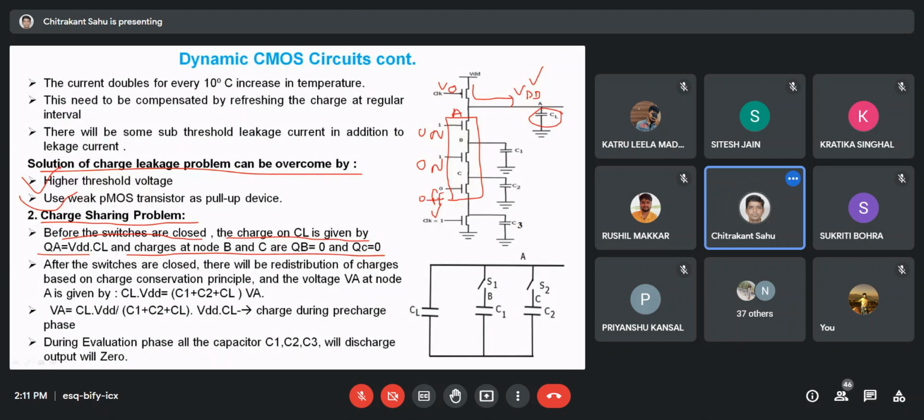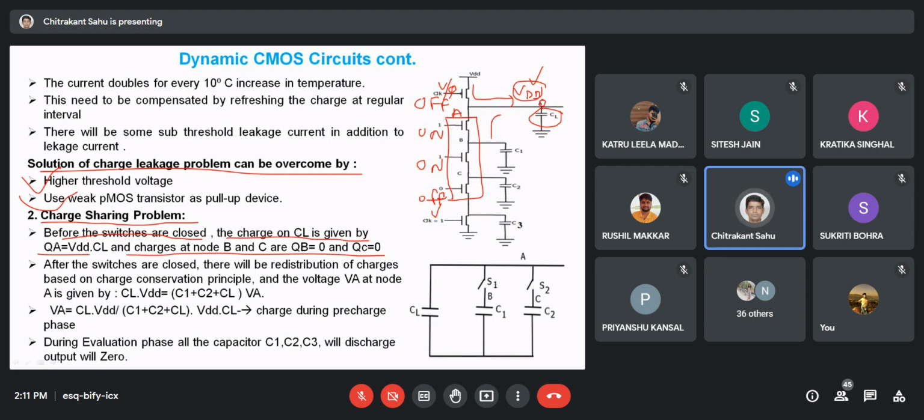So if this particular node is charged to VDD, what will happen when we make the evaluate phase? Once we make the evaluate phase, the clock will be equal to 1, so this becomes off. In this input condition 1, 1, 0, this is a capacitor node, our output node charged with some capacitance.